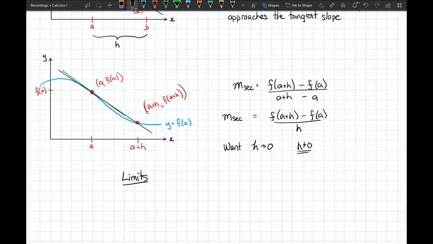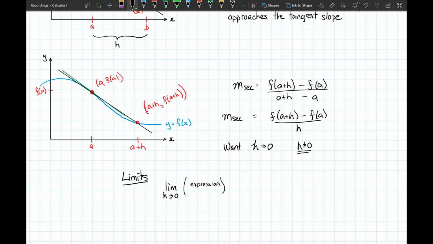The idea here of limits is we would write something of the form lim, short for limit, and below that we would say we want h to approach 0. And then after that would be some sort of expression involving h, and in that expression we want to see how close we get to 0 affects the overall valuation of that expression.